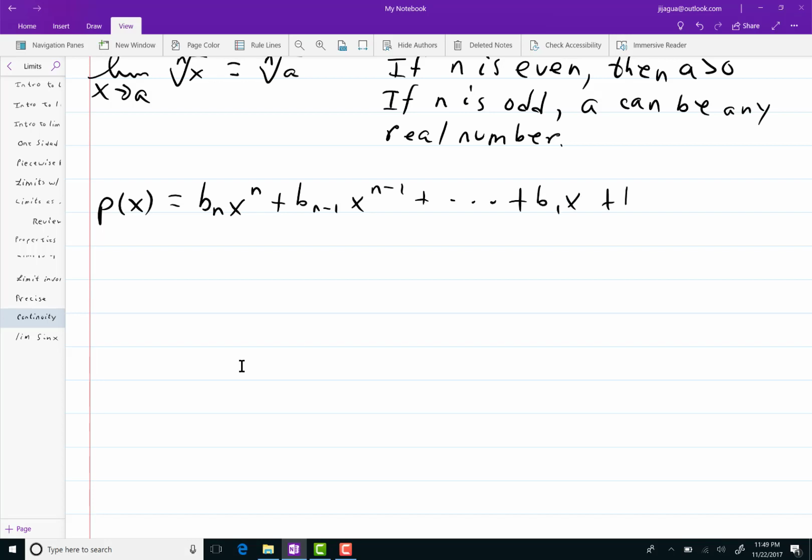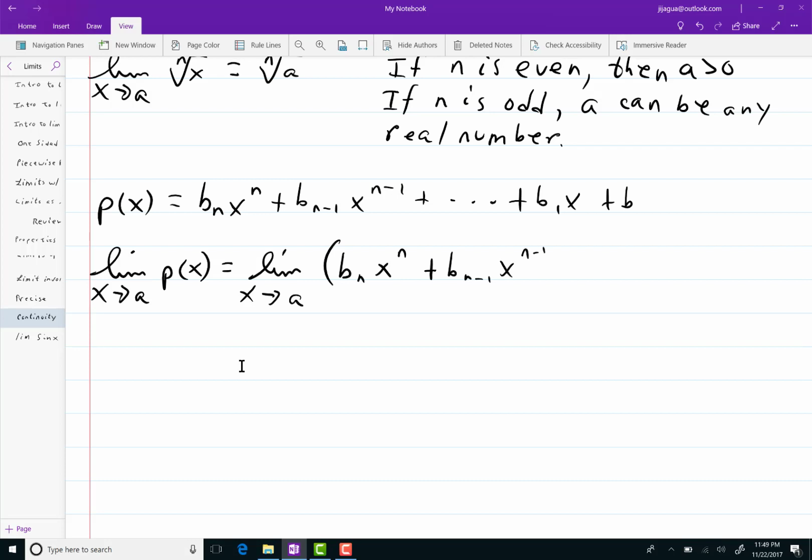If I take the limit as x goes to a of p of x, that's the limit as x goes to a of b sub n x to the n plus b sub n minus 1 x to the n minus 1 plus dot dot dot plus b1 x plus b0. I should put b sub 0, just to indicate it's the last coefficient.